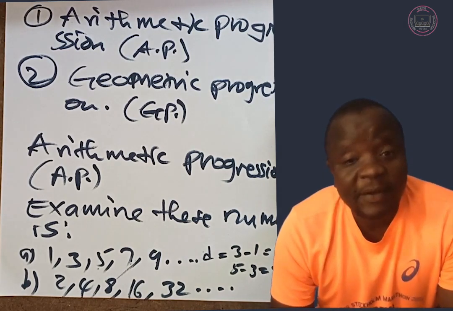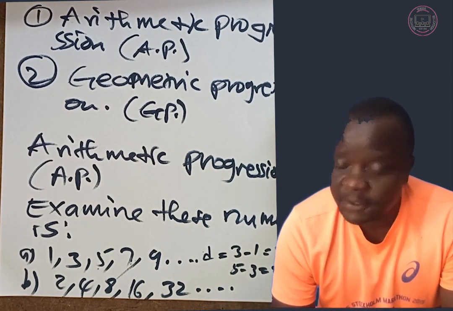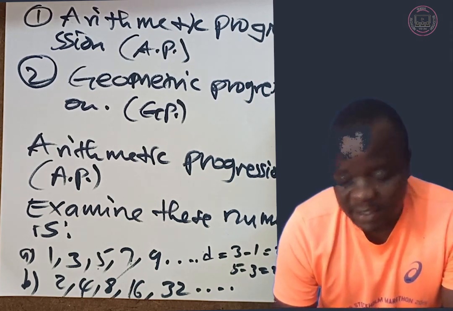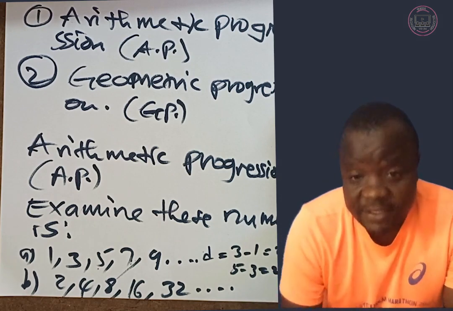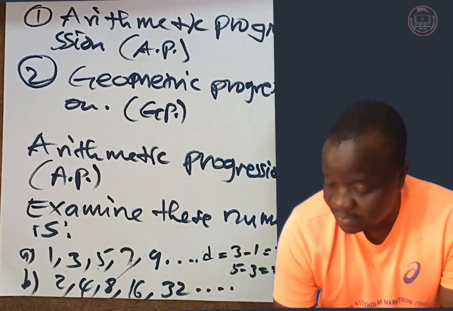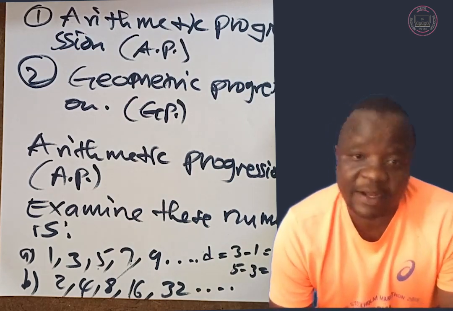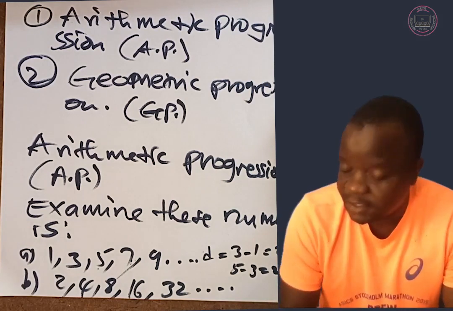So therefore, the sequence A is an AP. It's an arithmetic progression, because we have seen that the common difference, when we subtract two consecutive terms, is a fixed value. And this fixed value is called the common difference, which is D.